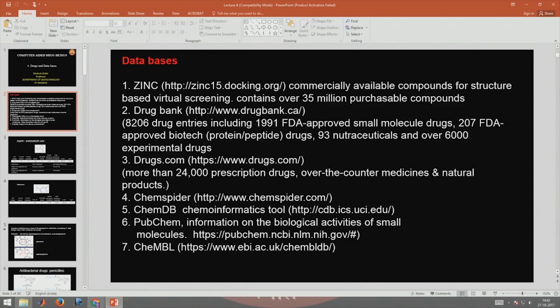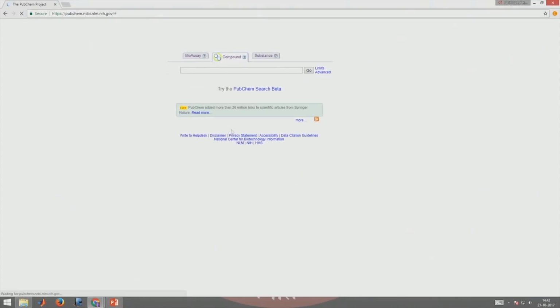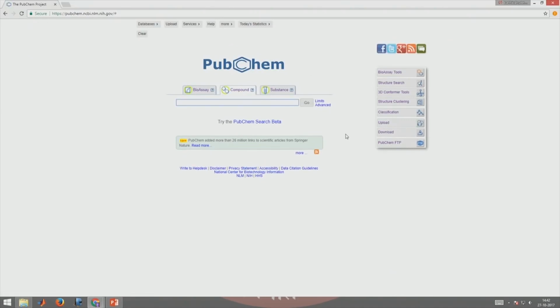Then we also have the PubChem database, which gives you information on various types of compounds. Again, this has a large number of structure searchable options. We can give property searchable options, 3-dimensional structure searchable options, and so on.